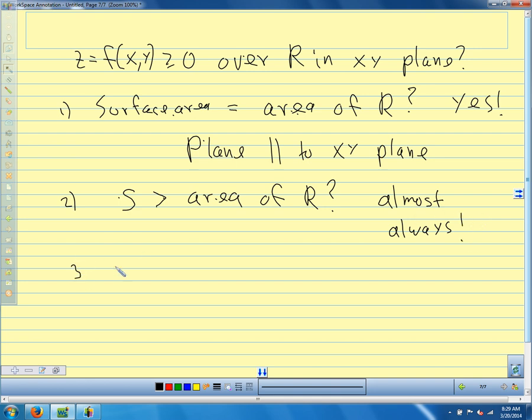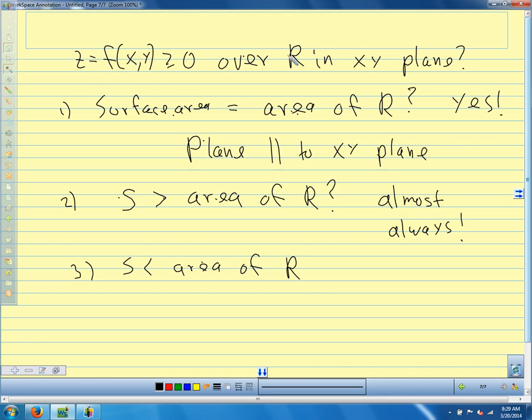And the last one. Is it possible for S to be less than the area of the region? Can our surface area be less than the area of our region in the xy plane? Brian says no. So Max says, can we have the function not actually over the region?